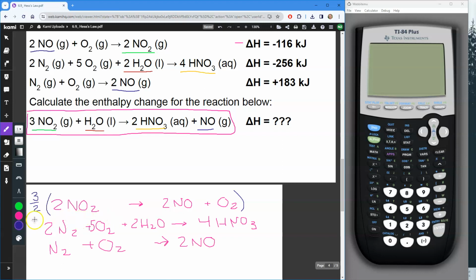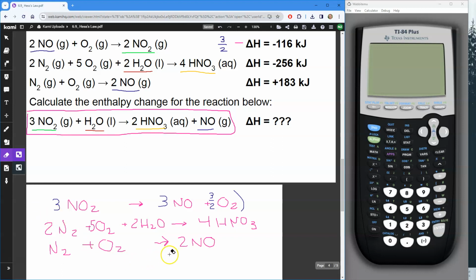This will turn into a 3, this will turn into a 3, and this will turn into a 3 halves. So we flipped it and we also multiplied it by 3 halves.